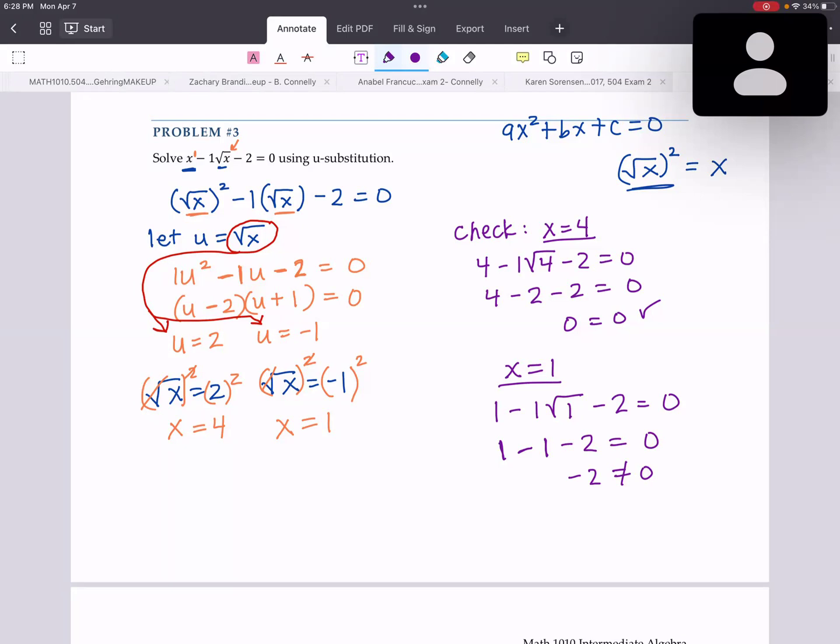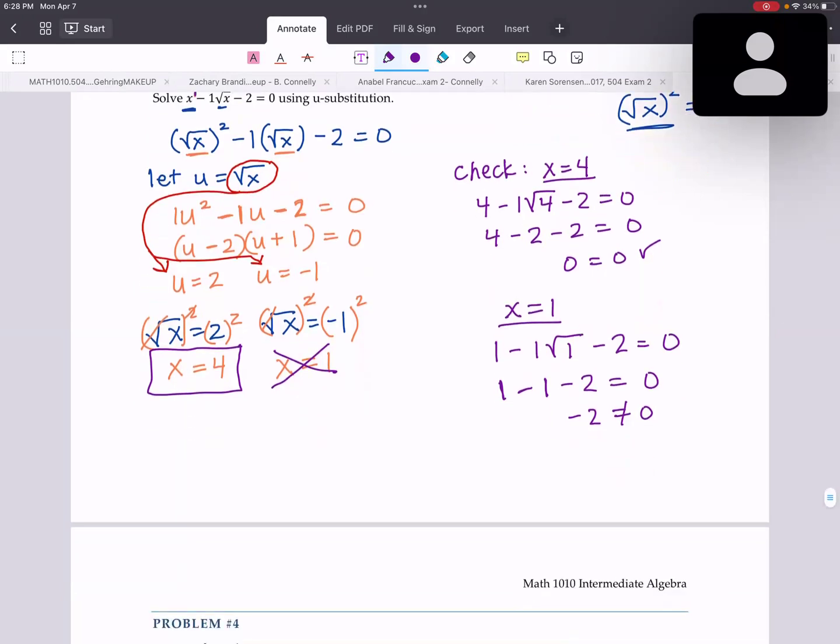So that means this is not a good solution, and this is the only one we want to keep for our answer. Okay, so it's really important to look at what that highest exponent is, because that's going to help you double check and make sure that you have the right amount there.